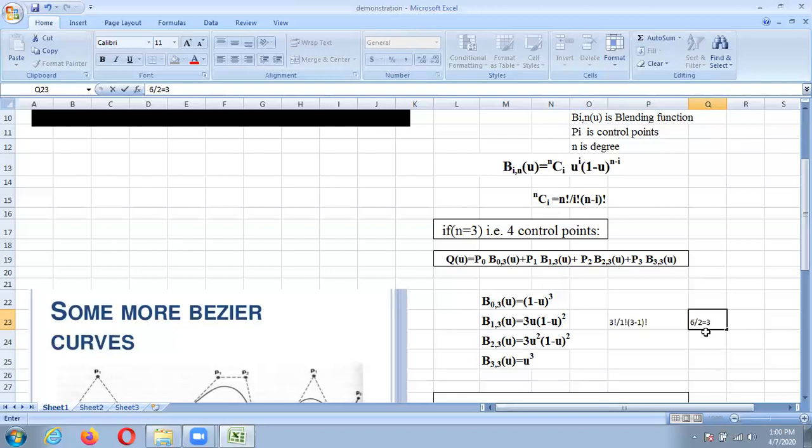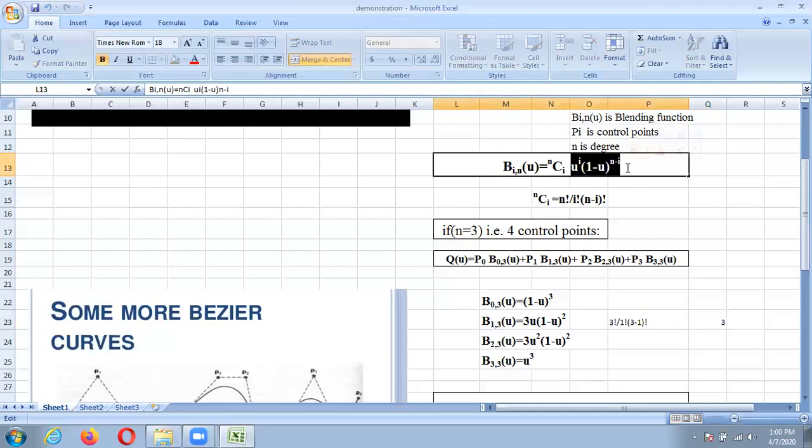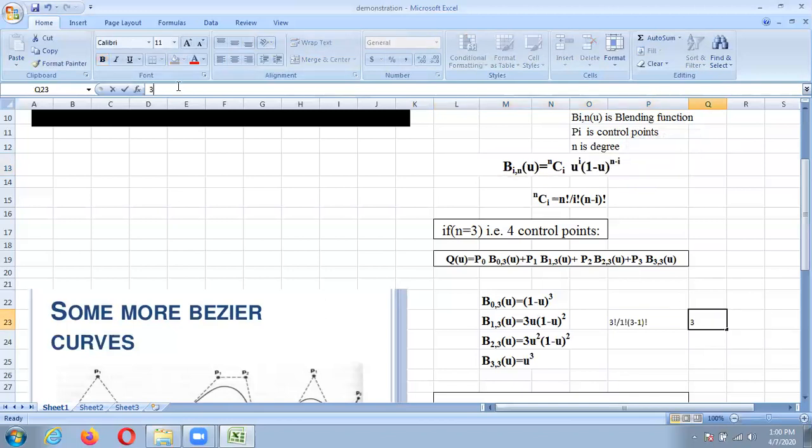After that, I'll remove this and just write 3. After 3, solve the remaining equation, that is u raised to i. Your i is 1, so u raised to 1 is u, so 3 into u into 1 minus u.